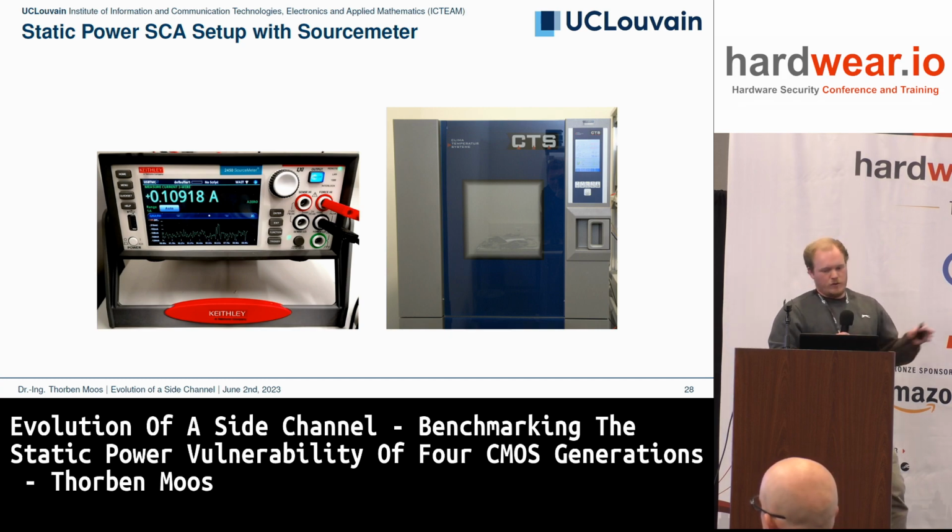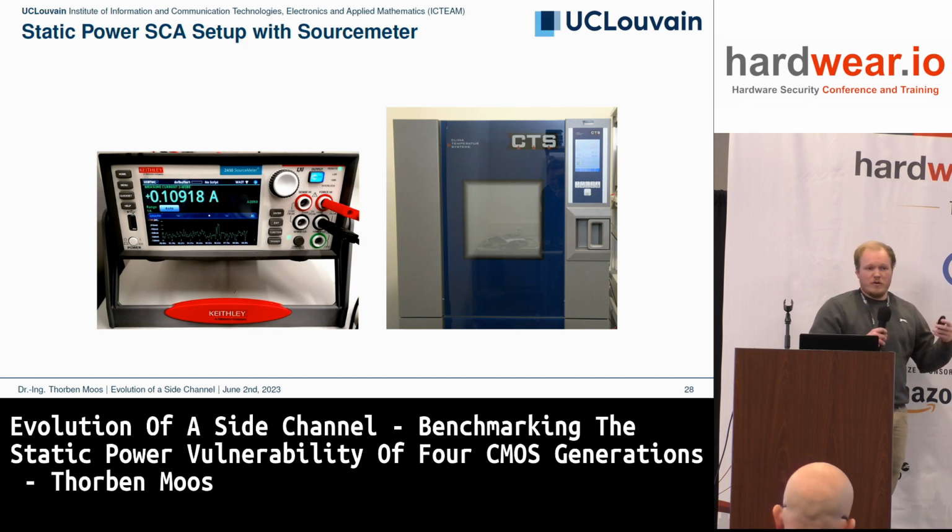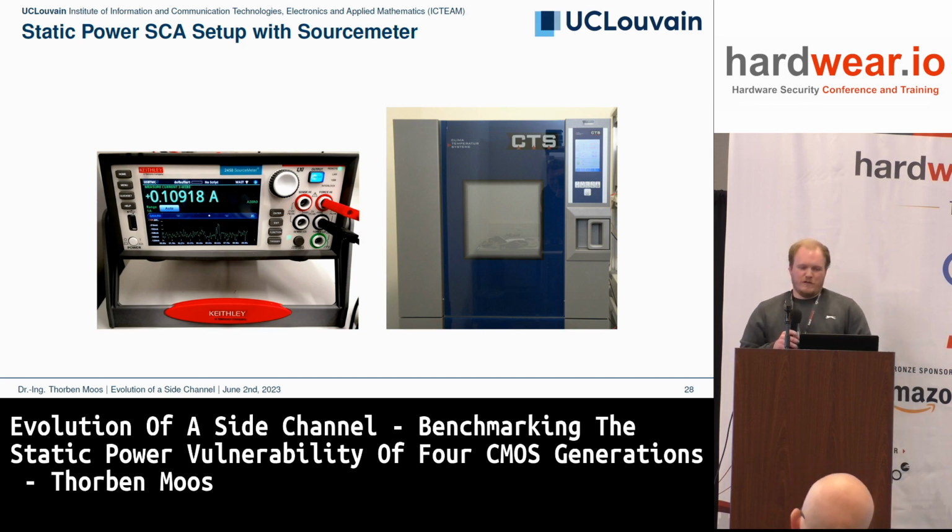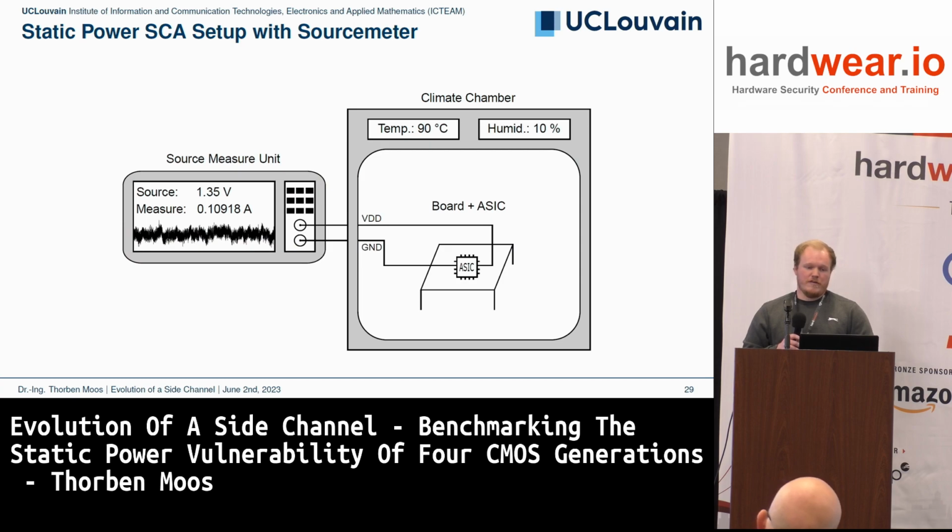And we took a Keithley source meter, and we get basically the same quality of results as our dedicated measurement setup, even though I have to transport these non-amplified signals through the long wires, but it works just as well. So if you want to pick up on that challenge, then don't use an oscilloscope, use a source meter or source measure unit right away. The climate chamber is still needed though to keep the temperature stable.